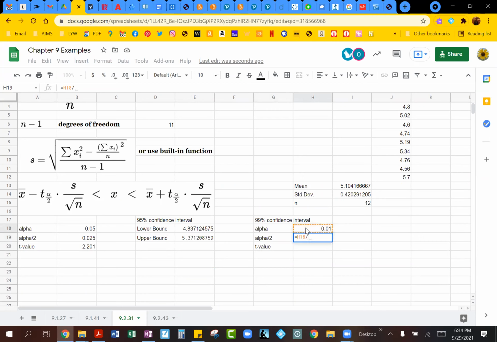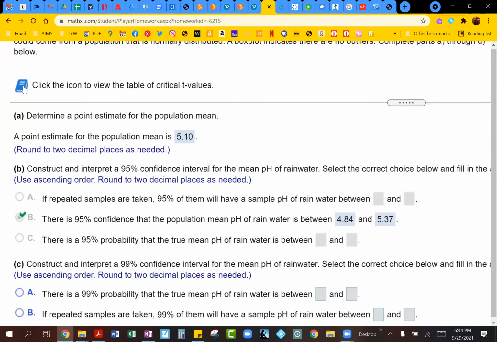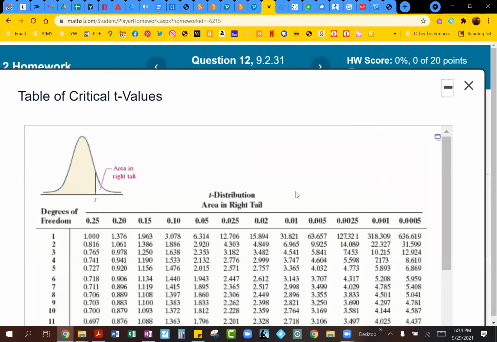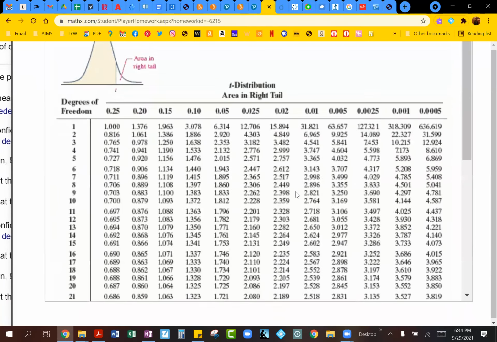Taking its half will of course give us 0.005. Your degrees of freedom still stays the same. So degrees of freedom is still 11. That hasn't changed. So can you tell me, by using 0.005 and degrees of freedom 11, what our t value should come out to be?